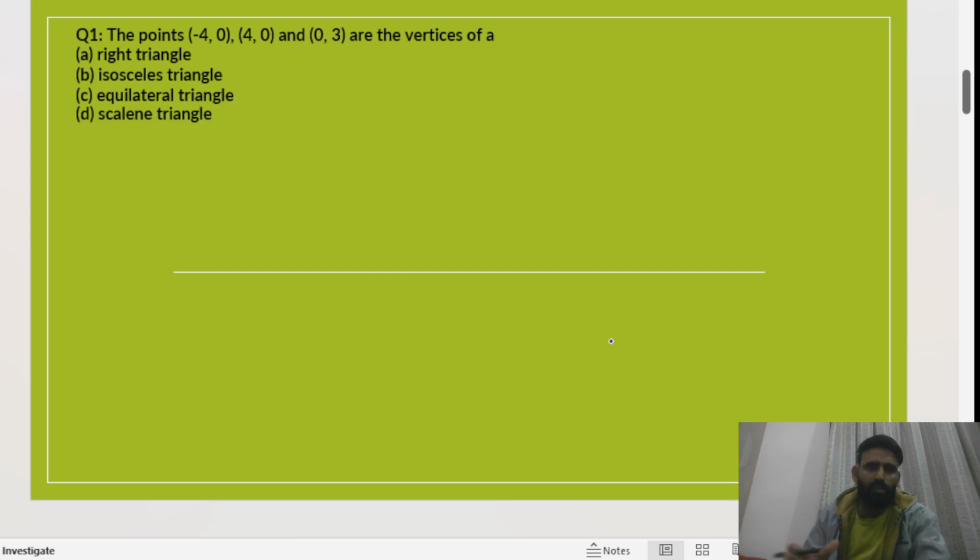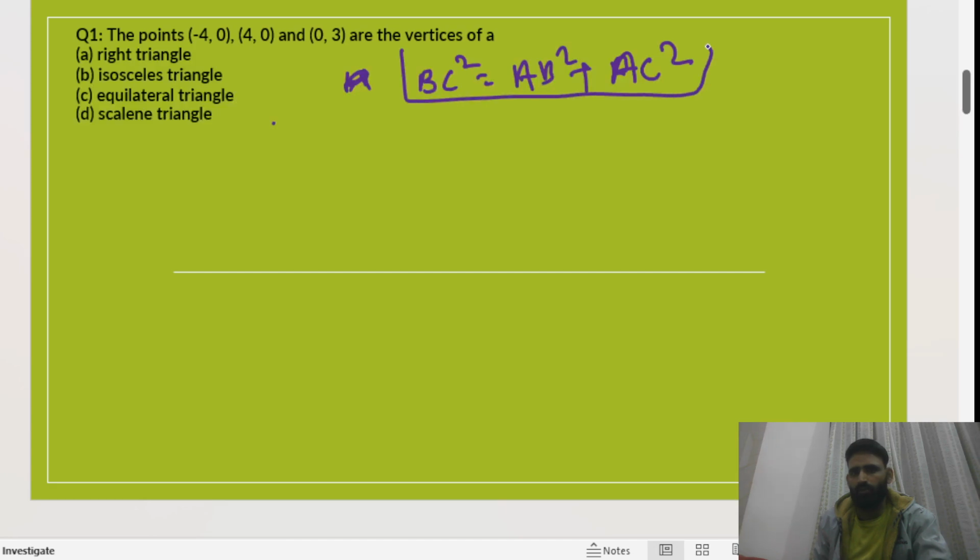Which type of triangle? We need the nature of the triangle: right triangle, isosceles triangle, equilateral triangle or scalene triangle. Right triangle: if there is a hypotenuse and this condition follows, BC square equals AB square plus AC square, it means this is a right angle.